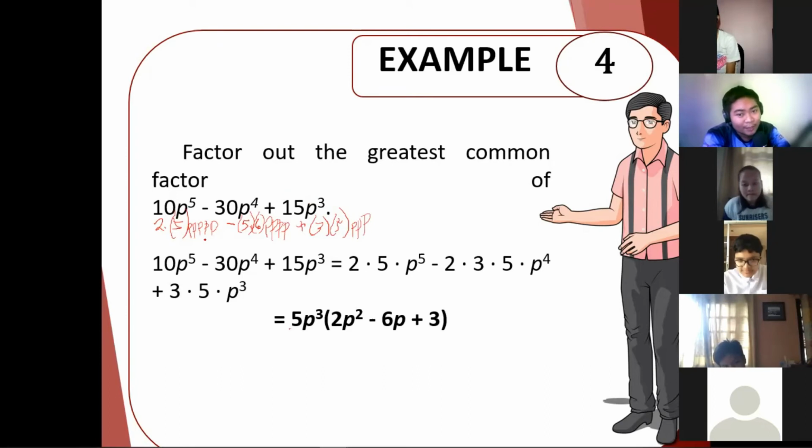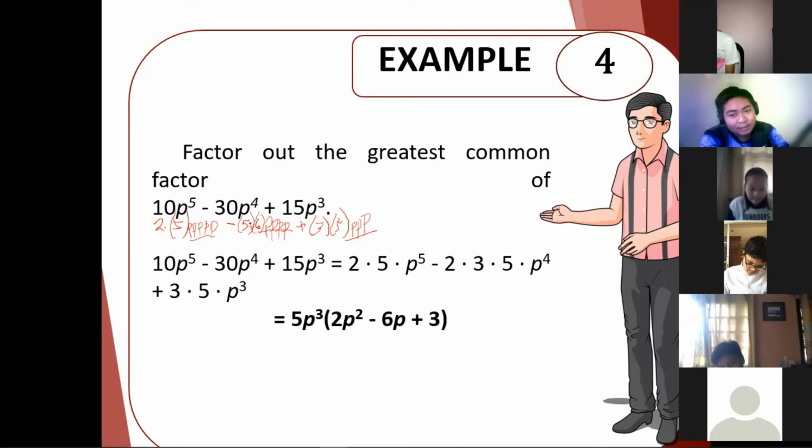Oh. So, ilan ang p ni first term? We have 5. Ilan ang p nito? We have 4. Ilan ang p nito? We have 3. So, kunin nyo yung pinakamaliit. That would be p cubed. So, that would be 5p cubed. Ilan ang matitira? We have 2p squared.